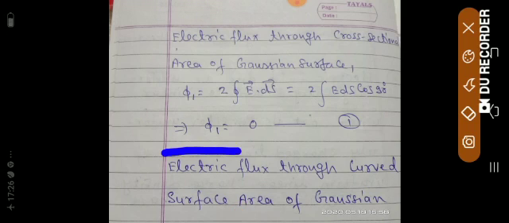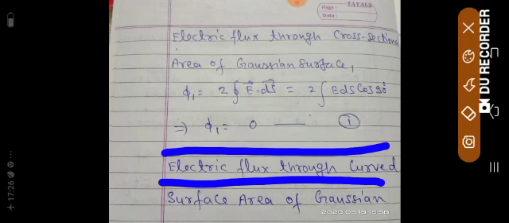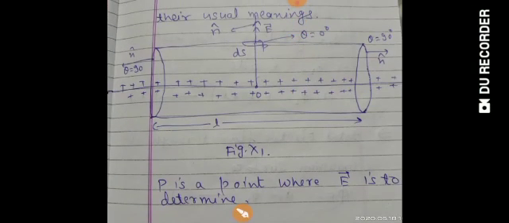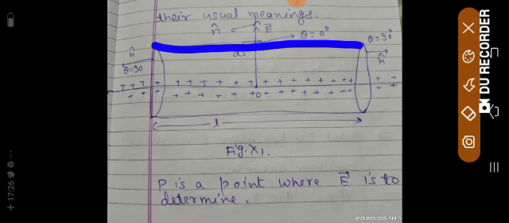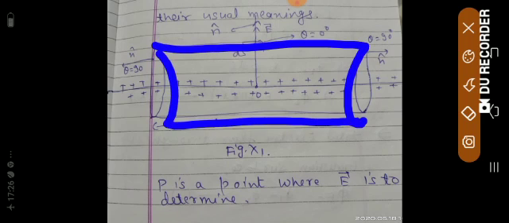What is the electric flux through the curved surface area of the Gaussian surface? What is curved surface area? I am going to tell you one more time. Yes, this one is your curved surface area. You can imagine that because we have discussed this so many times in the previous classes of the mensuration chapter in mathematics. So come to the next page.